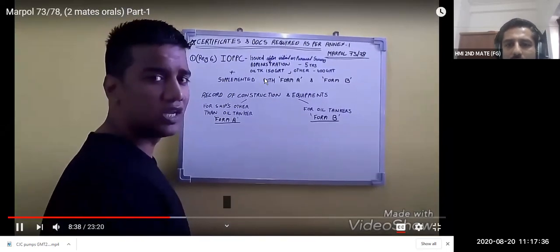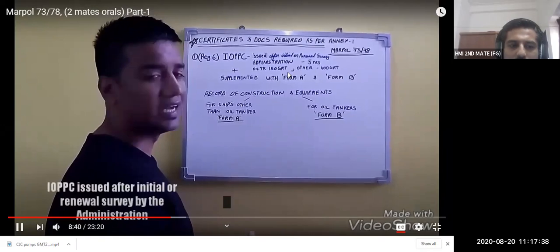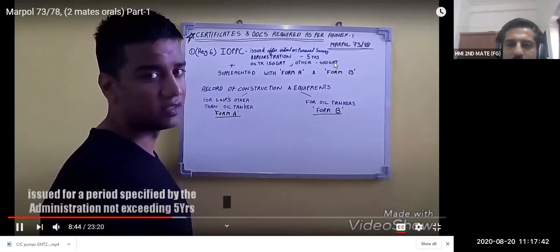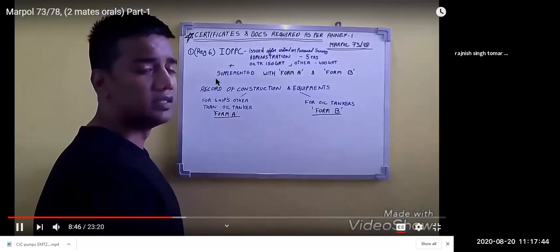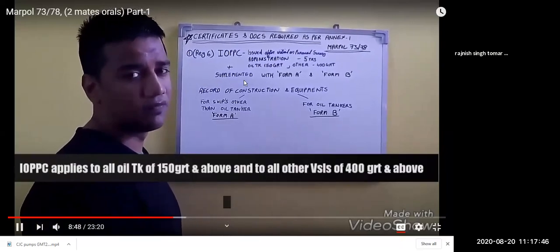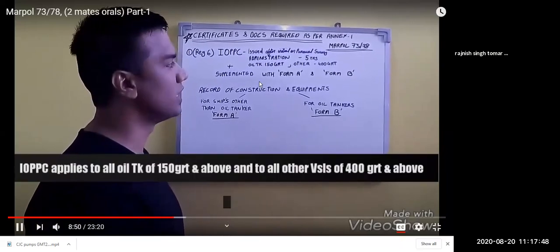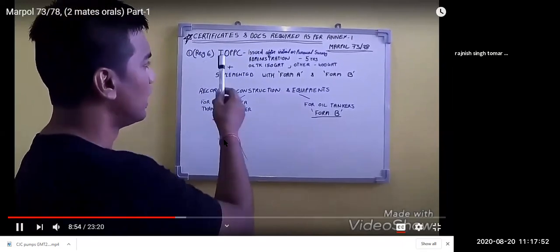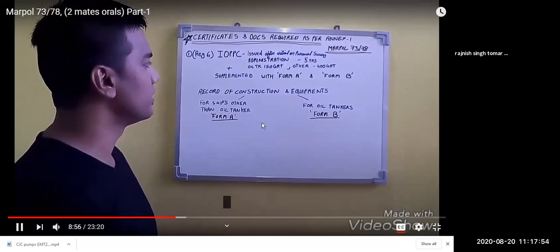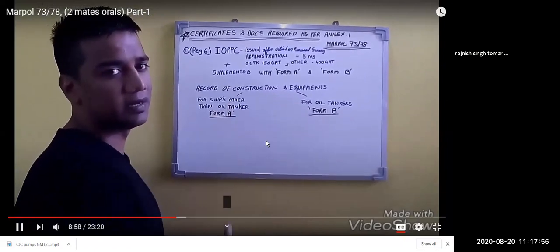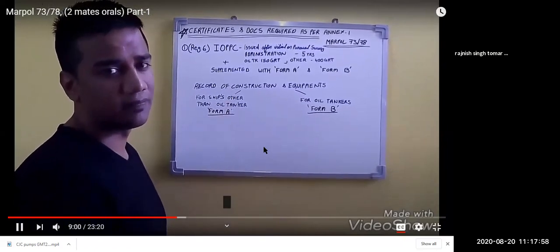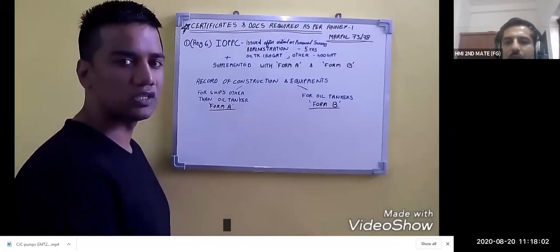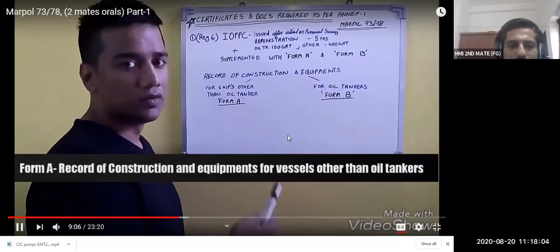So all oil tankers more than 150 GRT should have IOPP certificates, and other ships more than 400 GRT should have an IOPP certificate. Then it should be supplemented with Form A and Form B. Form A is for the ships other than oil tankers, and Form B is for oil tankers.